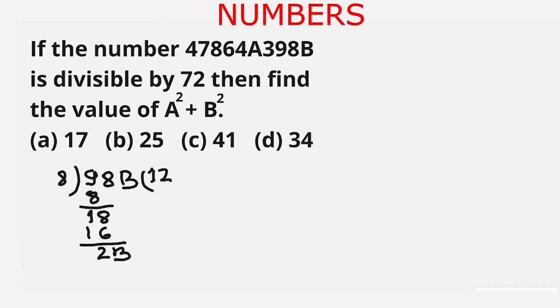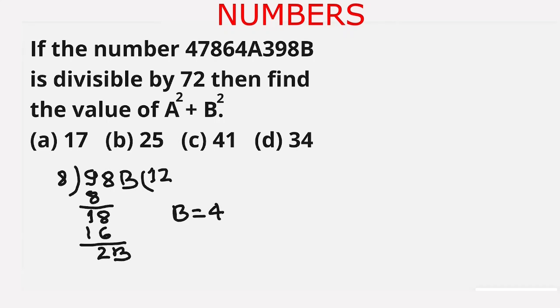Now this is 2B, where B is a digit, and if this has to be divisible by 8, then what should be the value of B? From 21 to 29, the only number divisible by 8 is 24. So if we have to make this divisible by 8, then B has to be 4. From here we get the value of B equal to 4.